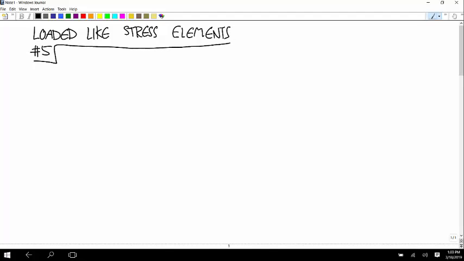I hate that name. Who thought of that name? Loaded like stress elements. Yeah, I'll write it down. Number 5. Let's say the cross-sectional area is 1 times 10 to the minus third meters squared.